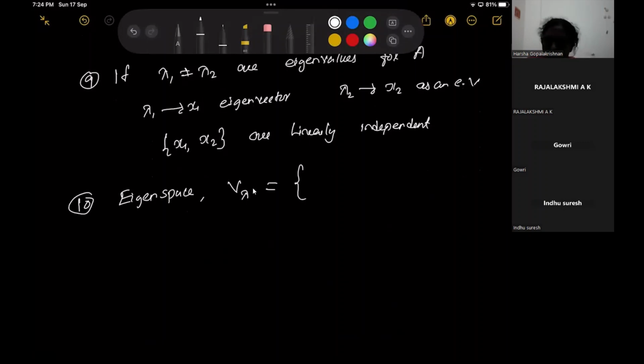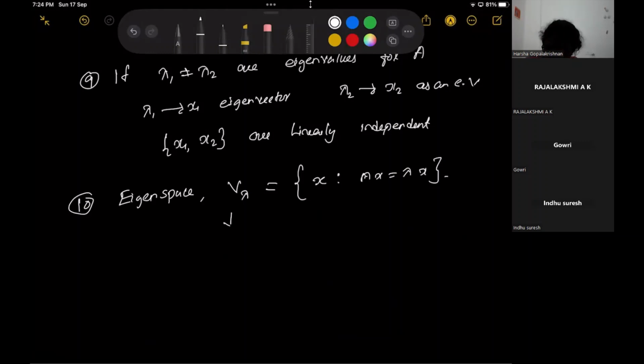What is this? This is the set of all x such that Ax equals lambda x.